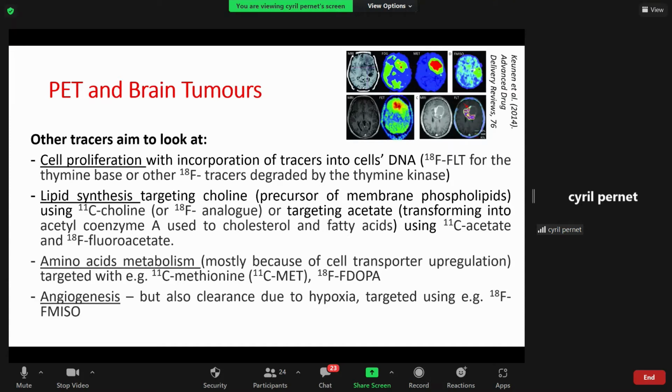And of course, we also try to target angiogenesis, right? Typically, because we have a lot of clearance due to hypoxia, it means we get a lot of angiogenesis, and then you can also target it with specific tracers. At the top, I put a couple of examples where we can see, of course, the MRI. As I said, you can see the FDG is not that specific, right?